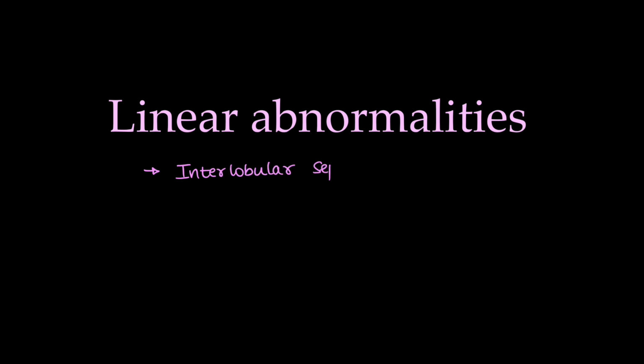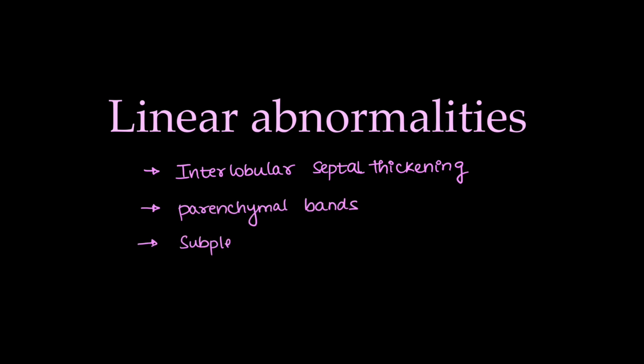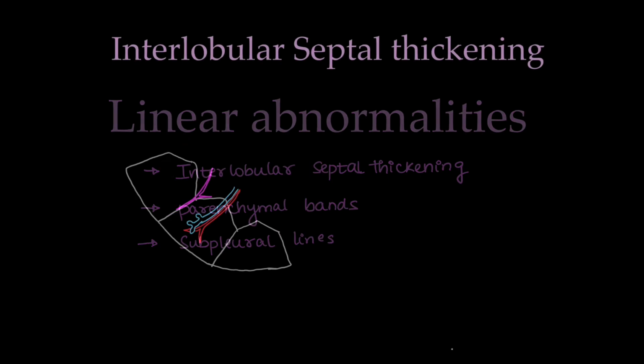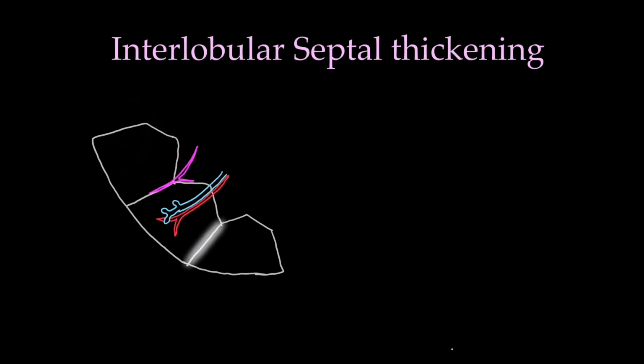Next, coming to linear abnormalities, we discuss interlobular septal thickening, parenchymal bands and subpleural lines or bands. Coming to interlobular septal thickening, here is the interlobular septa and normally it's 0.1 mm thick.